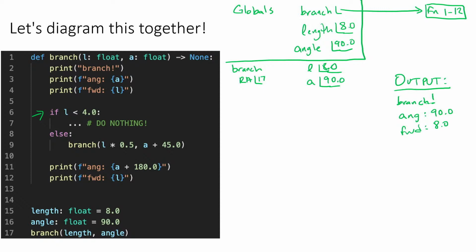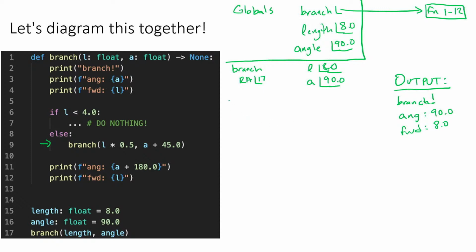So we finished those print statements at the top, and now we are testing, is length L less than 4? No, it's not. So we're going to go into the else, and here's where we're going to reach a recursive call. Notice that at the point we reach the recursive call, when this finishes, we're still going to have more work to do in this particular frame, but we can't do that work yet until we go do the work of making this recursive call.